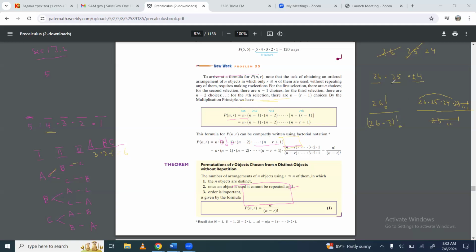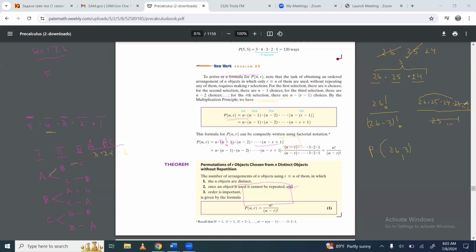So if there are 3 spots here that you need to fill with these 26 people, actually with 3 out of 26, you go 26 minus 3. And that's exactly what they call the number of permutations from 26 people choose 3.